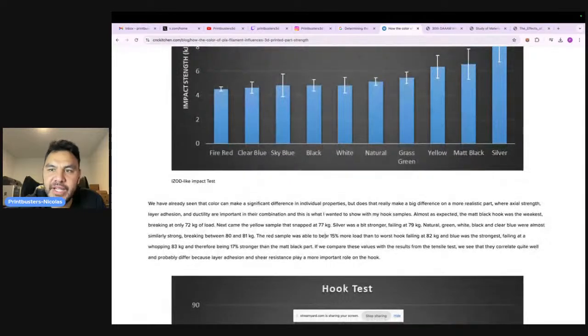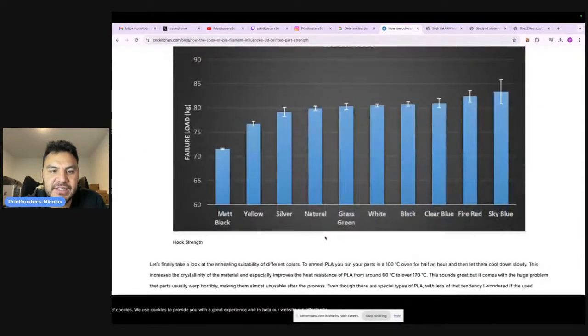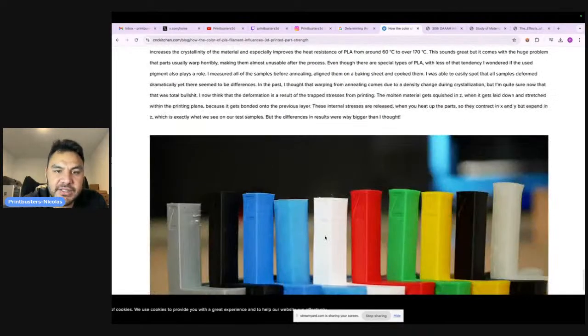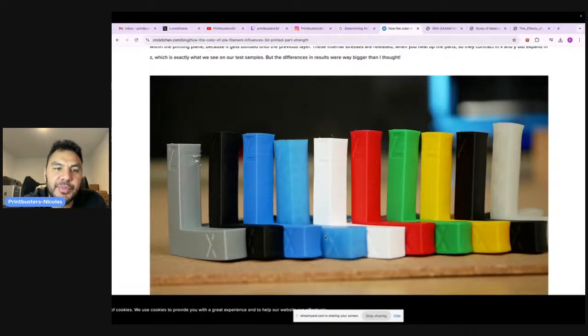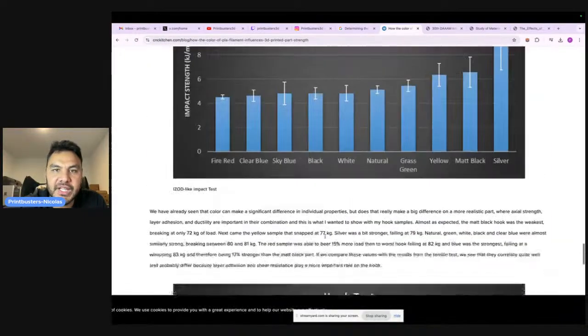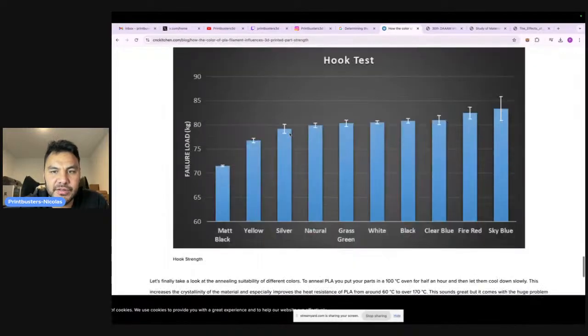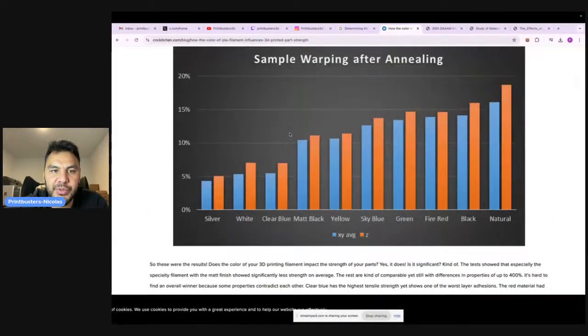Okay, so I think the main difference between the tests is how much do we know about the filament itself, about the formula itself. In that case, the only thing we know is that the base polymer is the same, but the master batch is different. We just don't know what is in the master batch, right? Ideally, we can do a paper where we know much more about the formula.